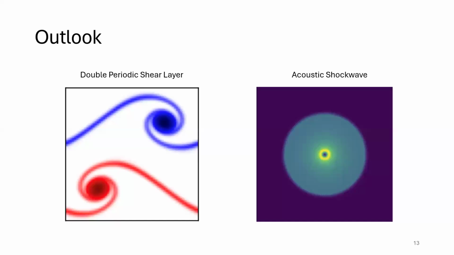For example, it should be possible for the double periodic shear layer. It is not that huge a gain of efficiency, but as you can see, it is symmetric on this line. So this should work here on the double periodic shear layer.